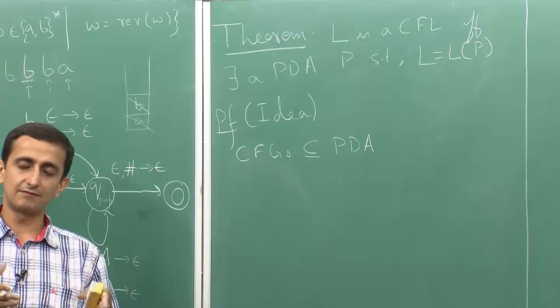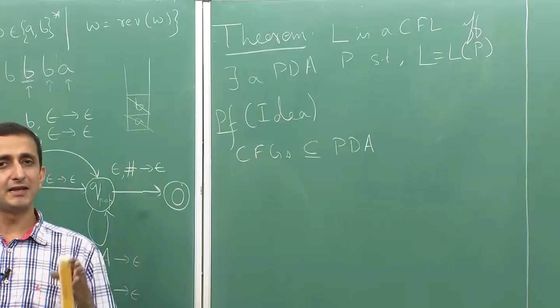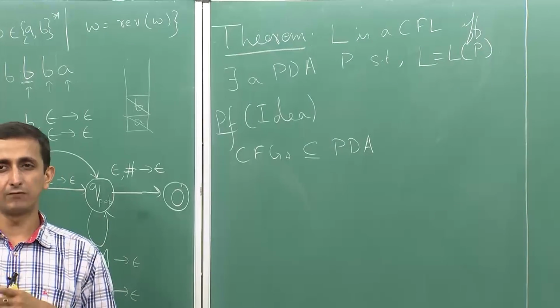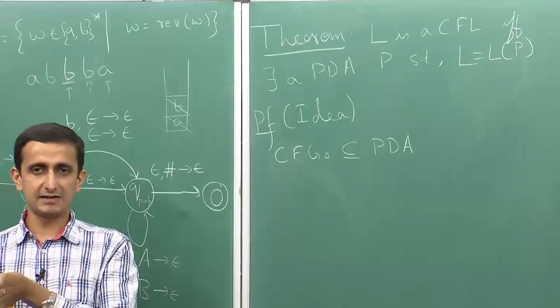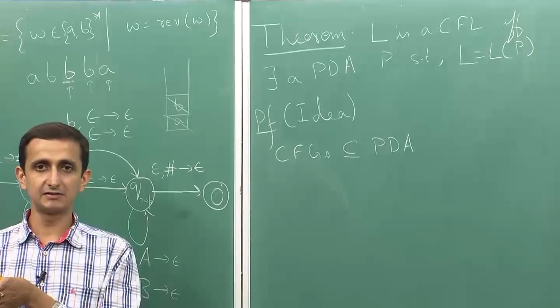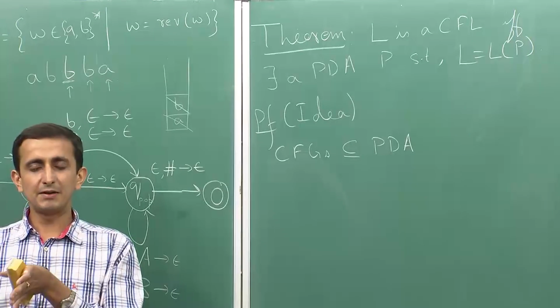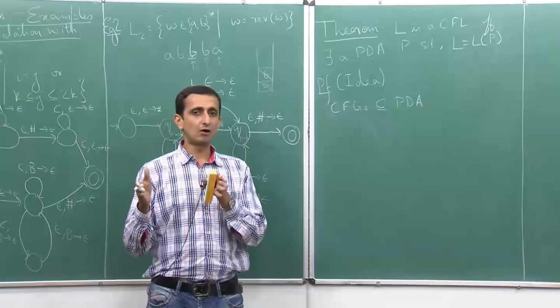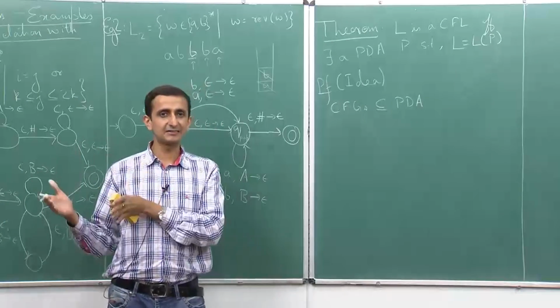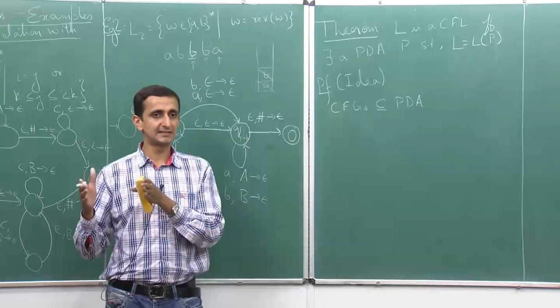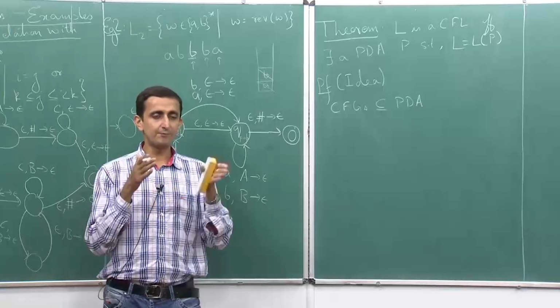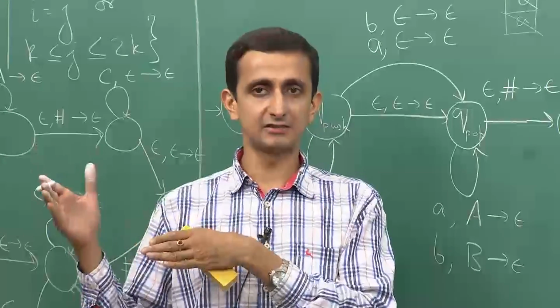We start with the start variable S, then we replace the start variable with some rule for S, and then we get some other string over variables and terminals. Then maybe I replace some other variable in this string to get another string. These strings are called sentential strings. So I keep on getting this sequence of sentential strings.